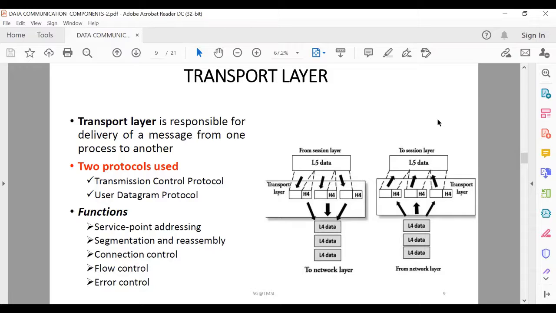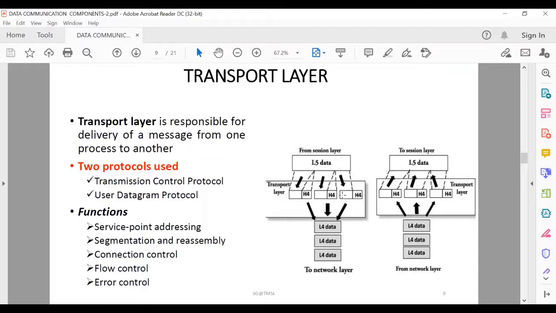It receives the data from the upper layer and converts them into smaller units known as segments. This layer can be termed as an end-to-end layer, as it provides a point-to-point connection between the source and the destination to deliver the data reliably.